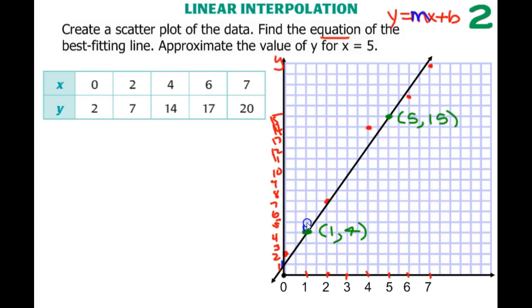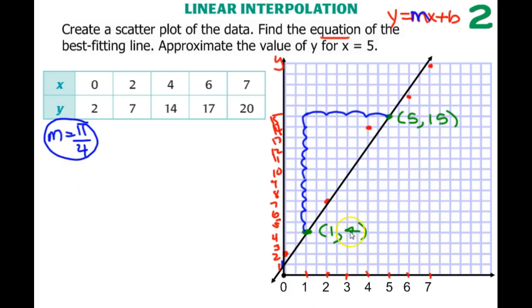These go by ones. 1, 2, 3, 4, 5, 6, 7, 8, 9, 10, and one more is 11. So we're rising 11, and we're running, be careful, every 2 is one number. 1, 2, 3, 4. 11 over 4. And I cannot simplify that.